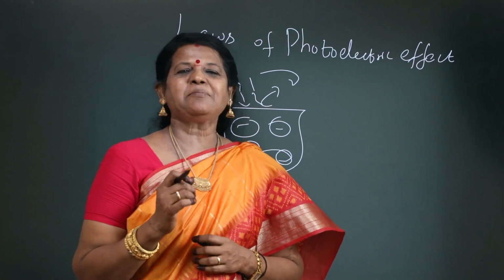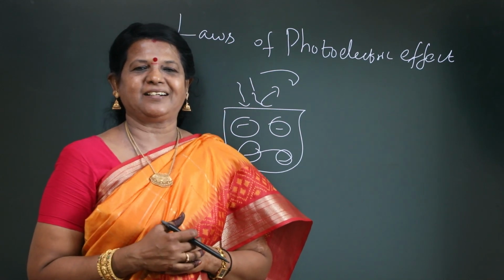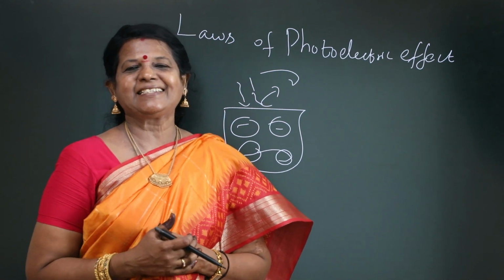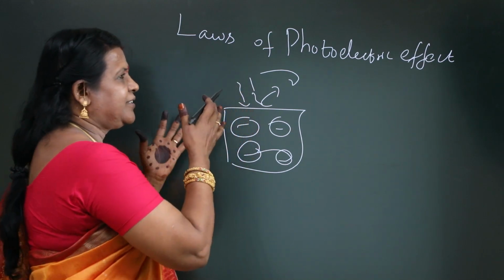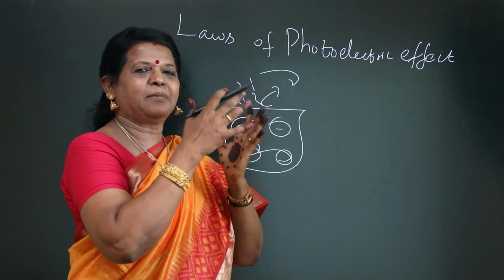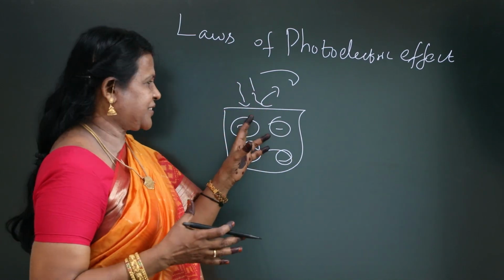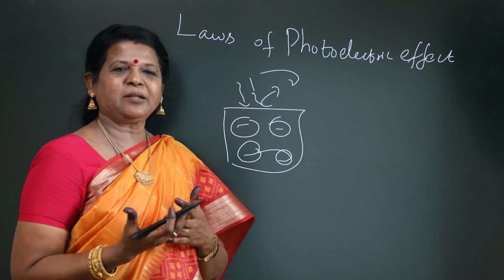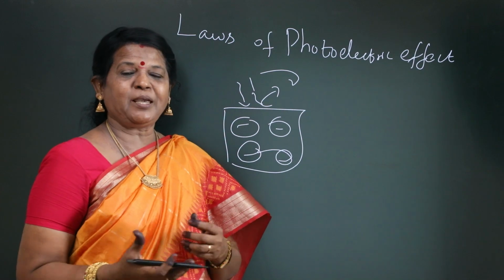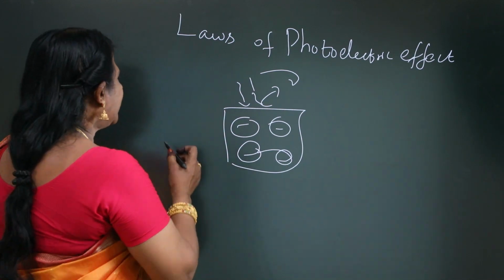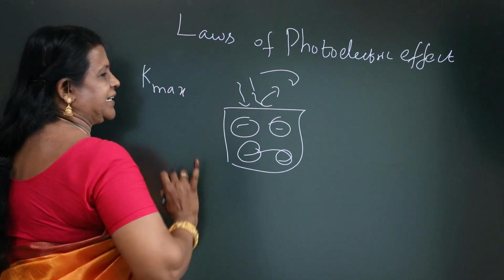Then the maximum kinetic energy of the photoelectrons is independent of the intensity of the incident light. That means when some quantity of intensity of light falls on the surface of the metal, the kinetic energy of the free electrons increases to reach a maximum kinetic energy.